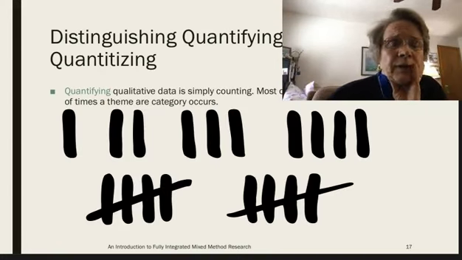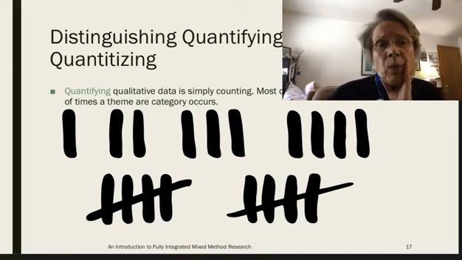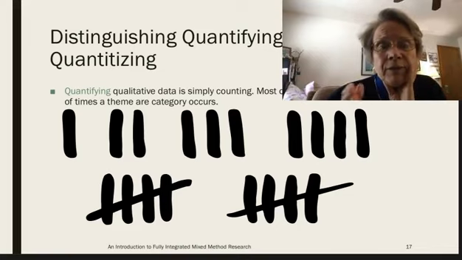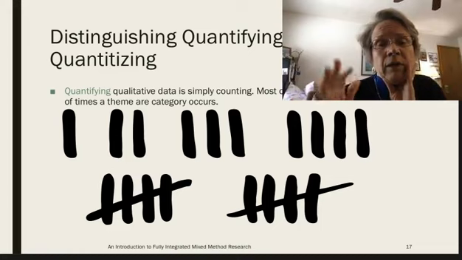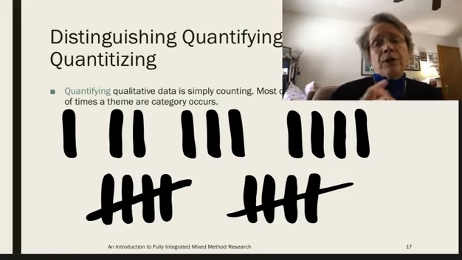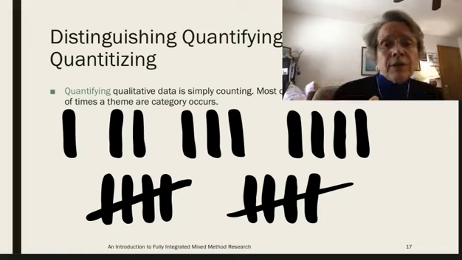So there's a difference, a subtle difference, but an important difference between quantifying and quantitizing. You often see quantifying in qualitative research when a researcher counts the occurrences of themes, maybe even when a researcher sorts occurrences of themes.